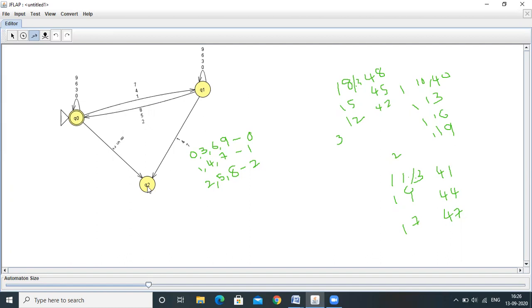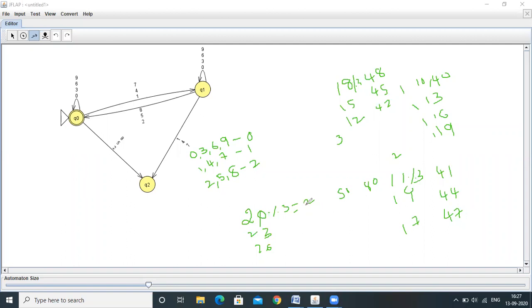Now we need to define transitions on Q2. First, Q2 on this set 0, 3, 6, 9. What will happen? Already Q0 on 2 is reaching the Q2 state. So if you get 0, what will happen? 20, 23, 26, 29, or 50, 80, 83, 86, 89, 53, 56, 59, like this.